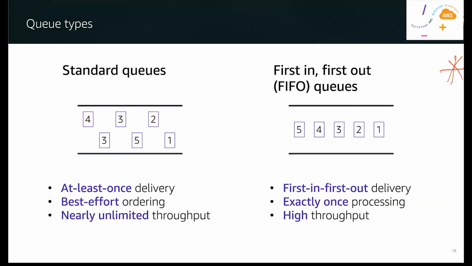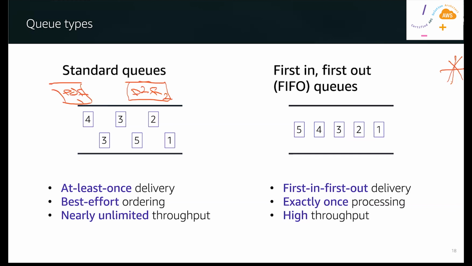In a standard queue, it will guarantee at least once delivery. So the message or that PDF will be delivered to one EC2 at least one time. The second is best effort ordering, which means if the first EC2 instance generated PDF1, then it will generate PDF2.